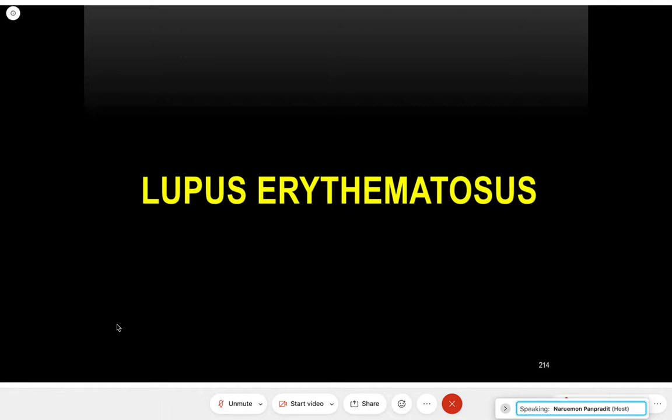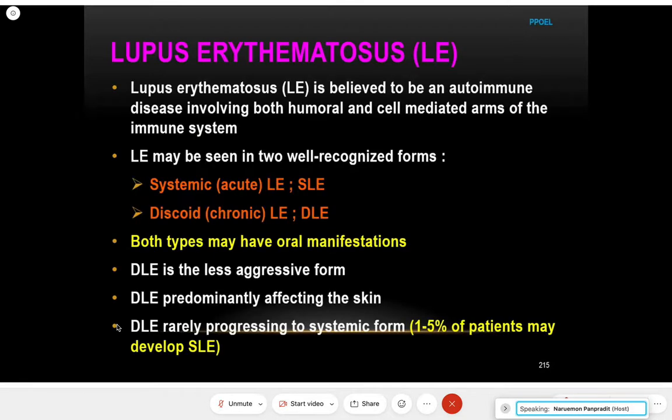For the deep detail of lupus erythematosus, I think you will have a chance to learn again when you learn about the topic of oral manifestation of systemic disease. Okay, in this lecture I will talk roughly about the points that are important. Why it looks like lichen, and what are the similar points and different points.